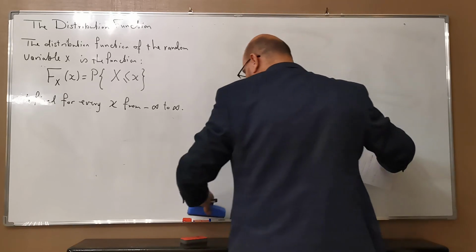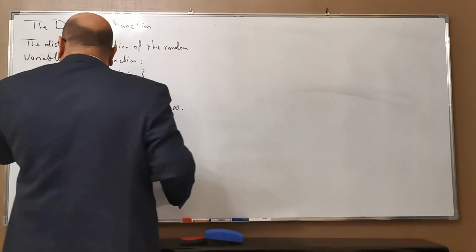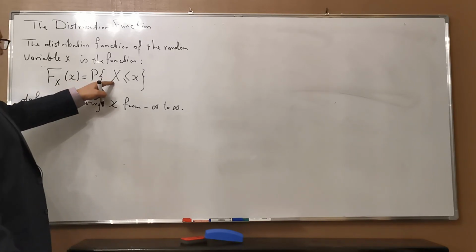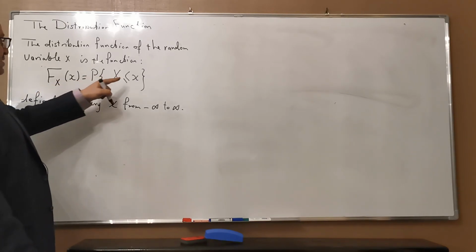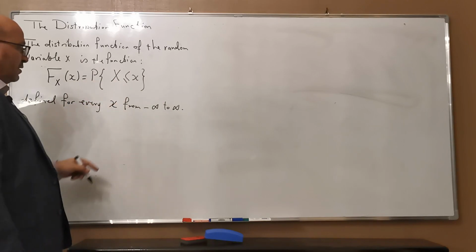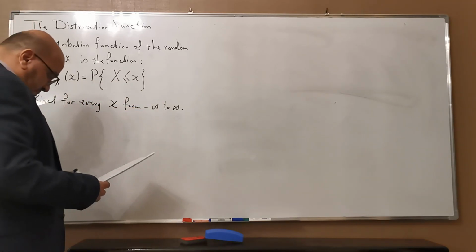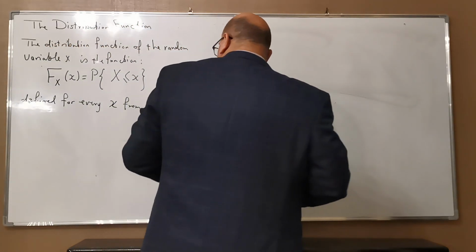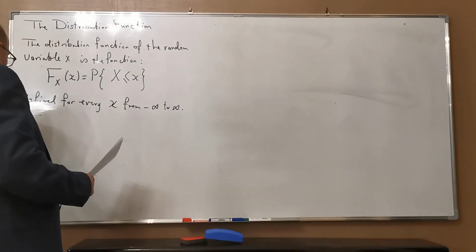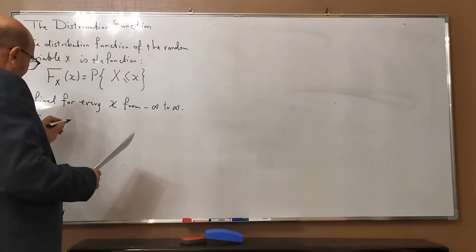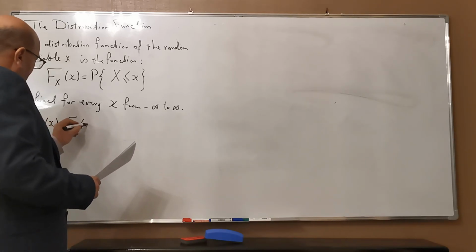The subscript is the name of the random variable. So sub x, this is the name of the random variable, and x here is our independent variable that moves from minus infinity to infinity. Okay, we can also say that we have fx of x. We can say also we have fy of y.